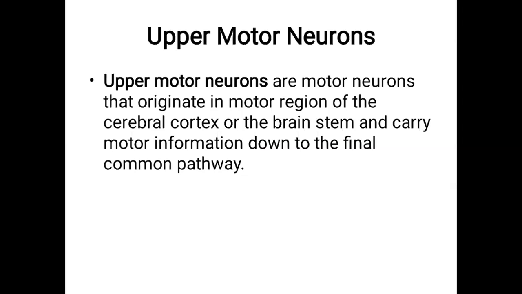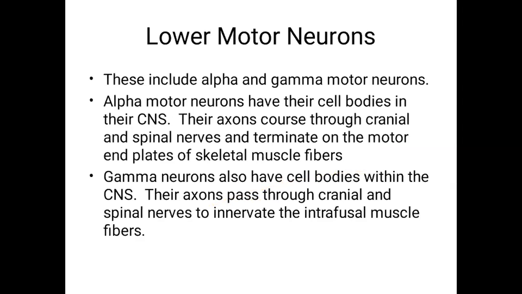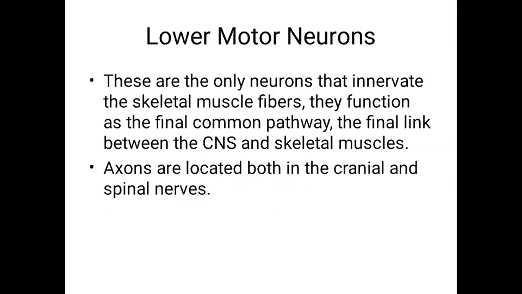The upper motor neurons originate in the motor region of the cerebral cortex or brainstem and carry motor information down the pathway. The lower motor neurons are the alpha motor neurons and gamma motor neurons. These are the only neurons that innervate the skeletal muscle fiber, and they function as the common final pathway, the link between the CNS and the skeletal muscles.